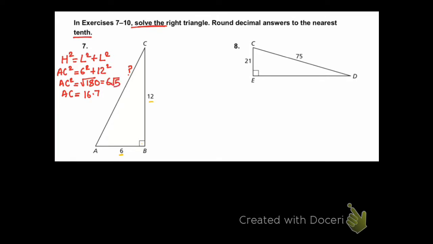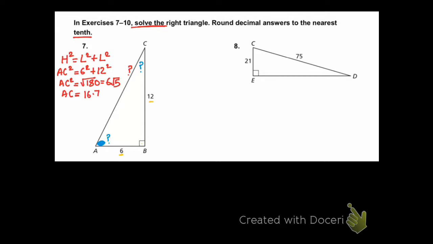Once you get your AC, our next work is to get our angles. So we need to find angle A. In order to find this, it's up to you, you can use any ratio, whichever ratio you like.